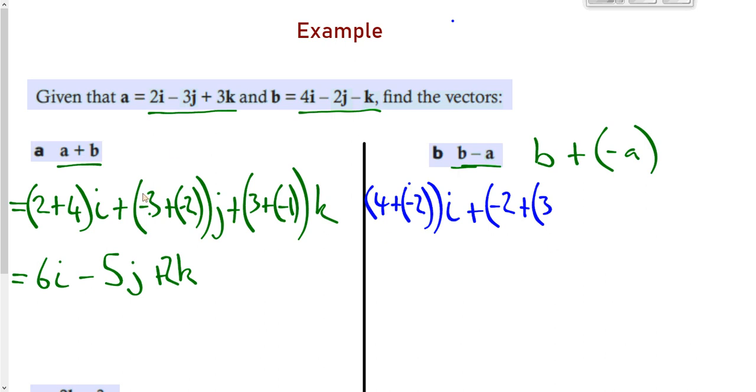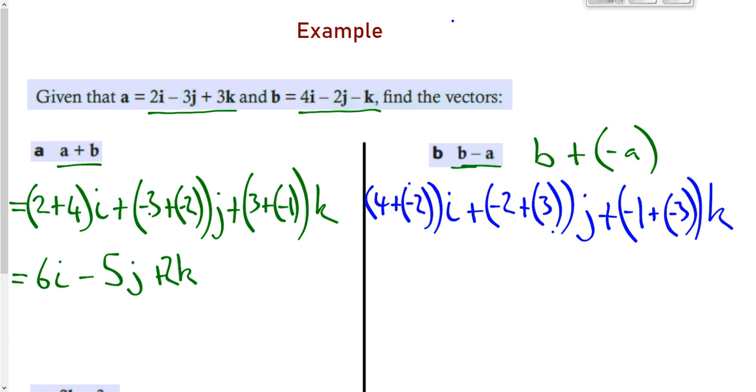Negative of -3 is +3. Okay, J plus -1 plus the negative, so plus -3 of K.